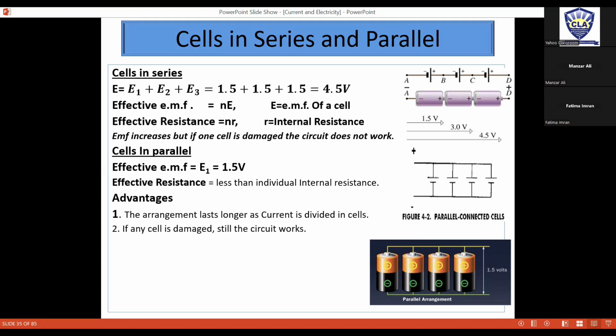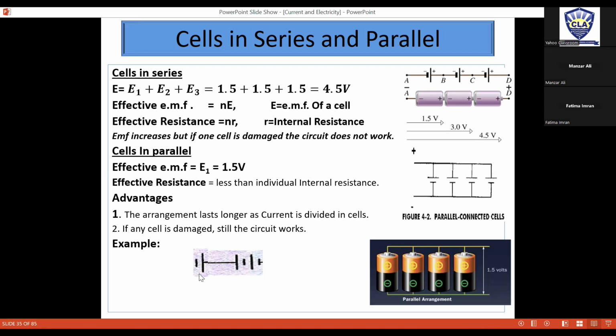Number 2, if one of the cells is damaged, still the circuit will work. Okay, one another example. For example, we have 3 cells arranged, but one of the cells is arranged in reverse. What will be the net EMF? Now these 2 cells will add up. They will be 3.